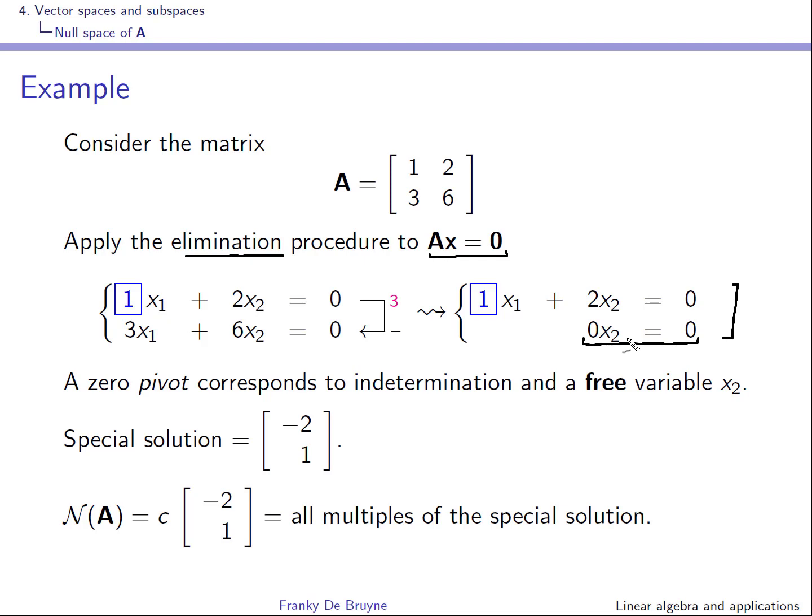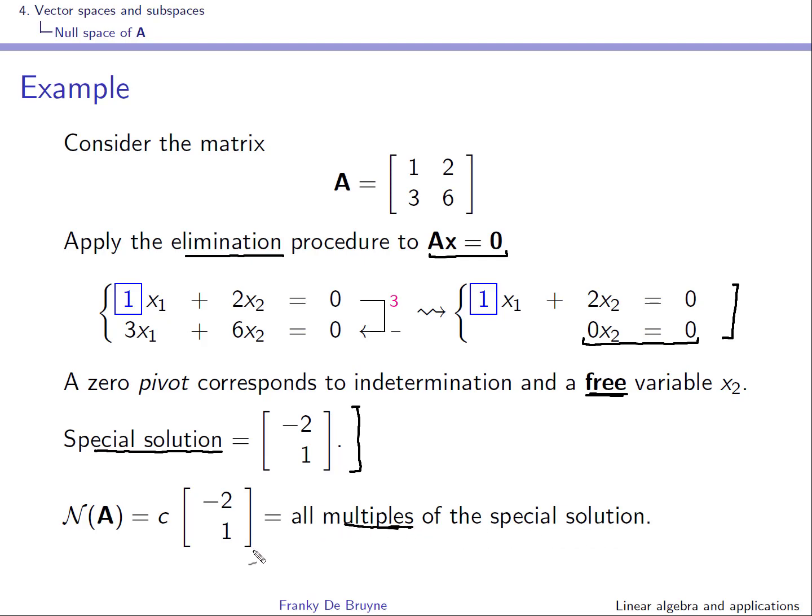0x2 is equal to 0, so x2 here is a free variable. Okay, so x2 can be anything. So we can find what is called a special solution. A special solution says that the free variable is 1, and then we find the corresponding value of x1. If you set x2 to 1, you have to set x1 to -2. So this is the special solution. And the null space is obtained by taking all multiples of this special solution.